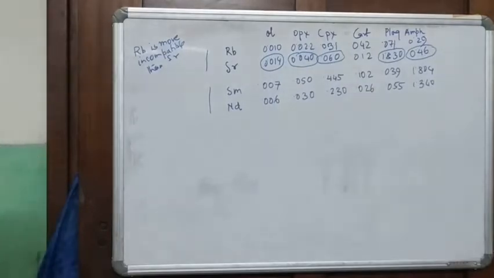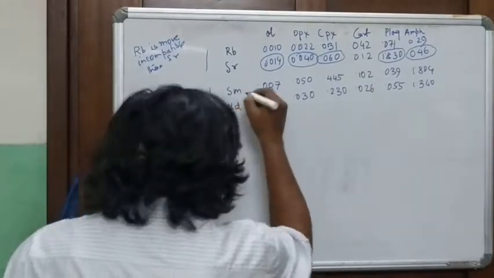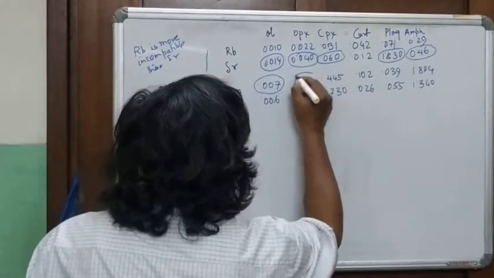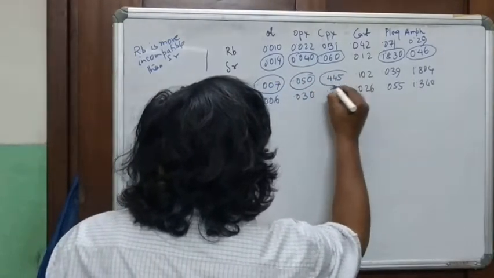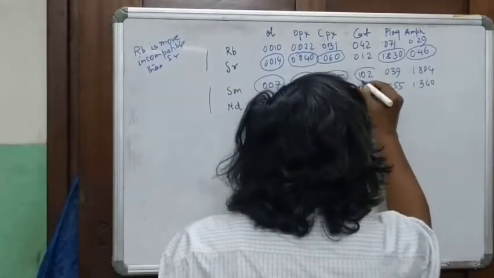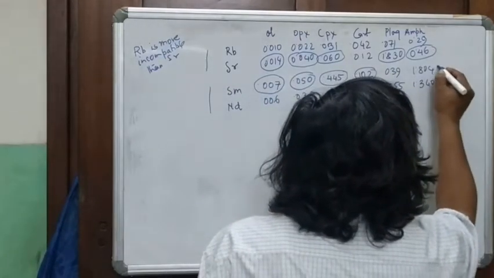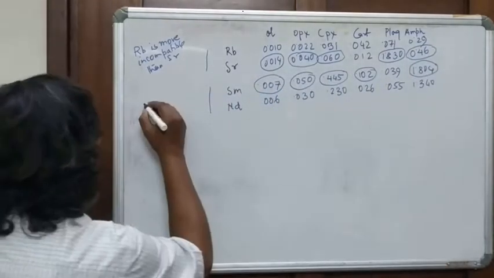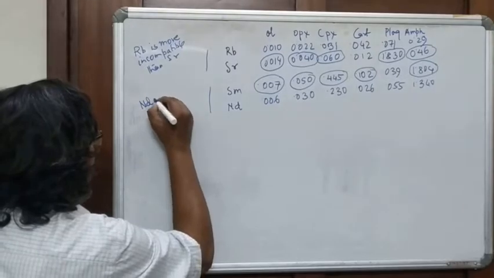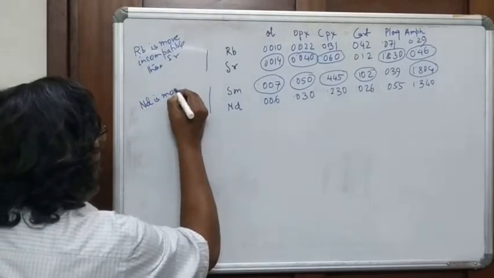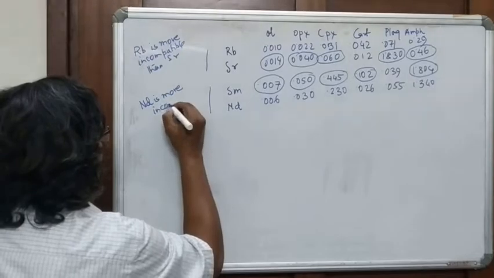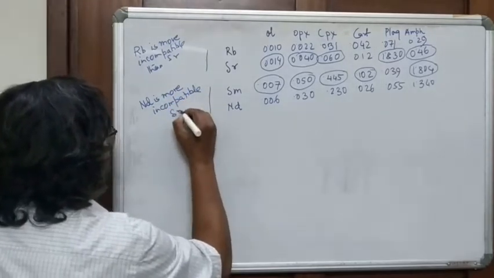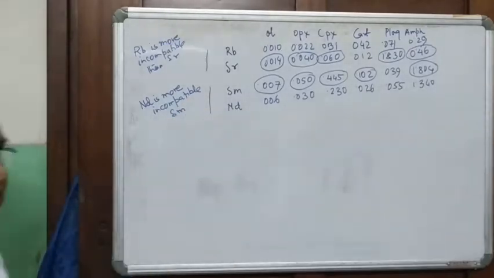But if we take samarium and neodymium, between these two, samarium is higher in each case. So that means neodymium is more incompatible than samarium. This is something interesting.